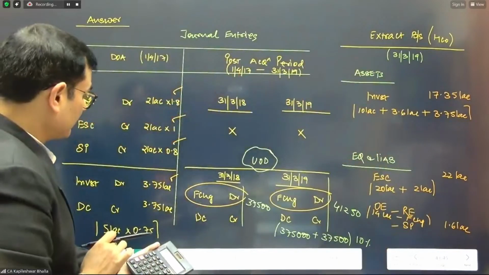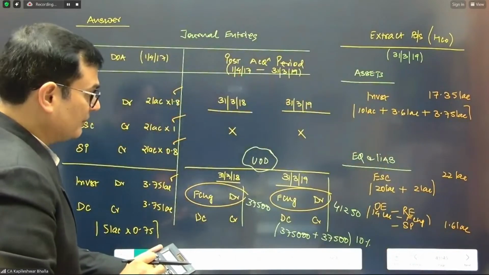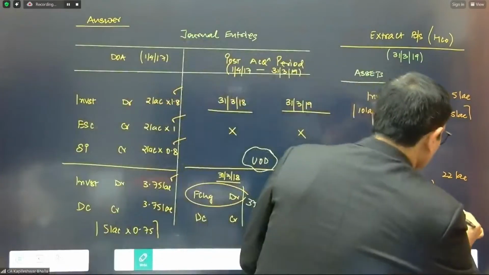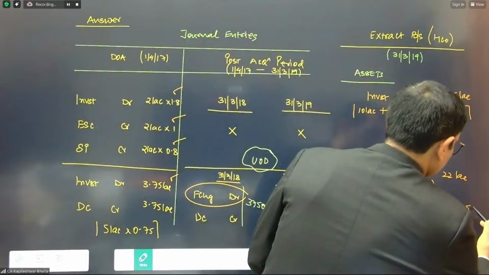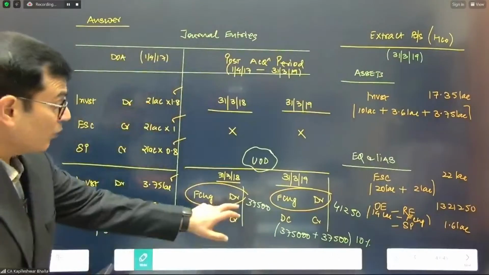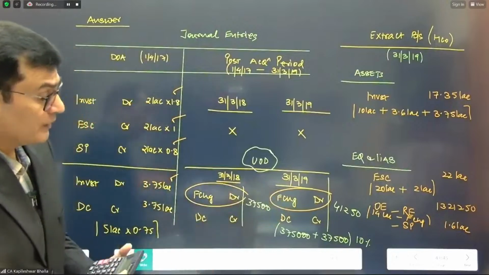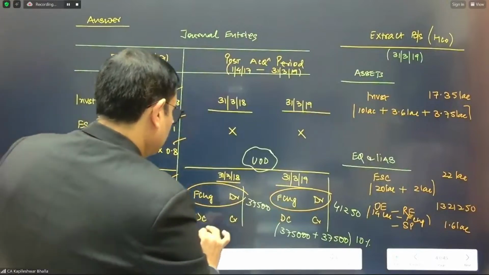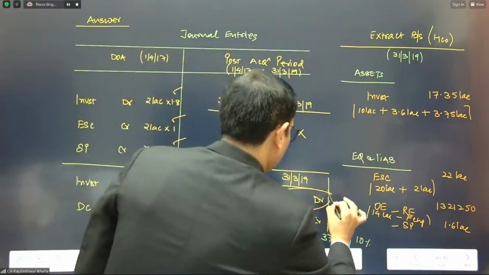From 14 lakhs, you reduce 37,500, you reduce 41,250. That comes to 13,21,250. So the finance charge gets reduced from the retained earnings. One is 37,500 and one is 41,250. So I guess we have taken care of the finance charge as well.